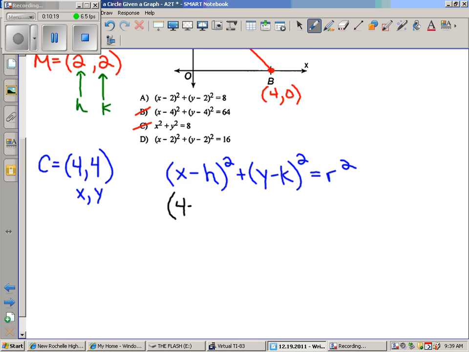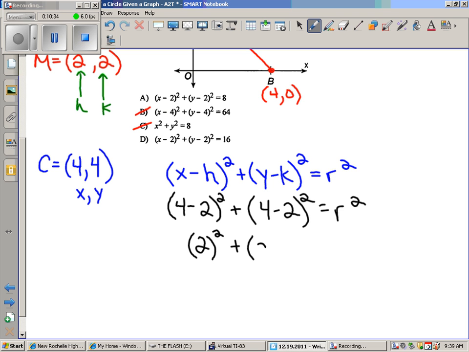So it's going to be 4 minus 2 squared plus 4 minus 2 squared equals R squared. So 4 minus 2 is 2, so that's 2 squared plus 2 squared equals R squared. 4 plus 4 is 8. So 8 equals R squared.